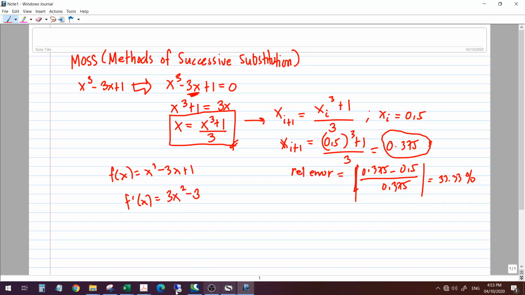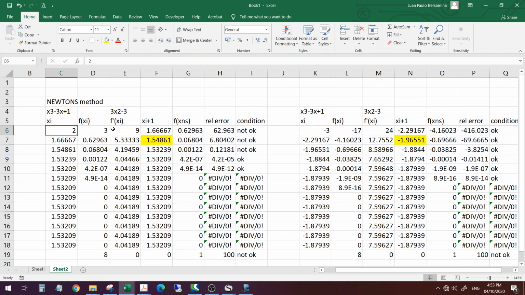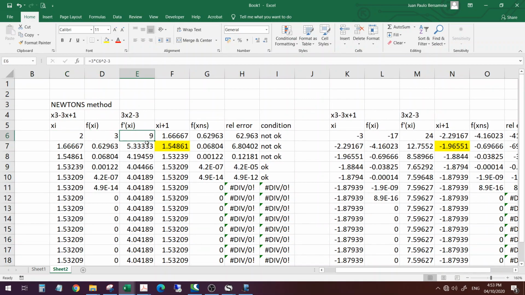Okay. So put that in the spreadsheet. 3x squared minus 3. And copy that all the way down here. So from x is 2, I got f prime of x as 9.